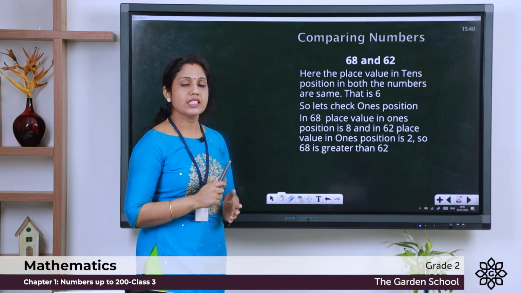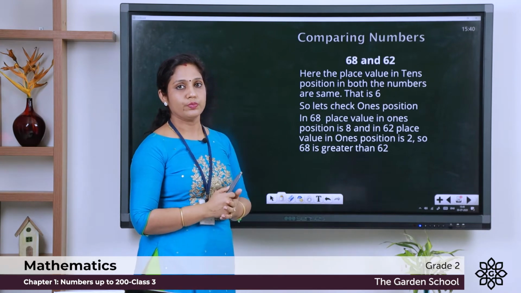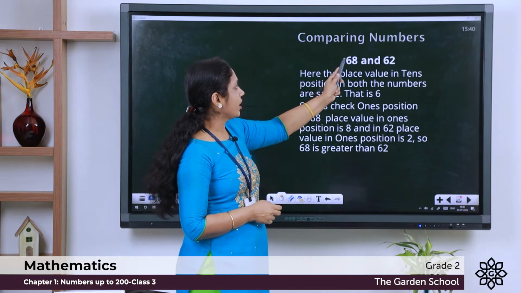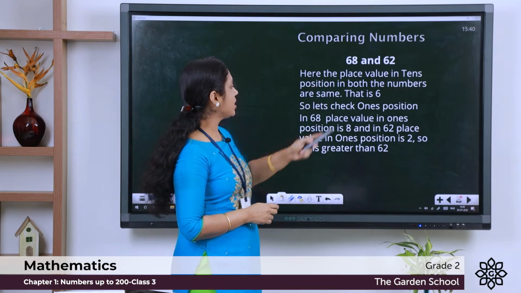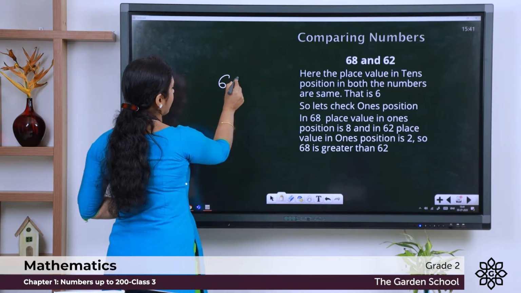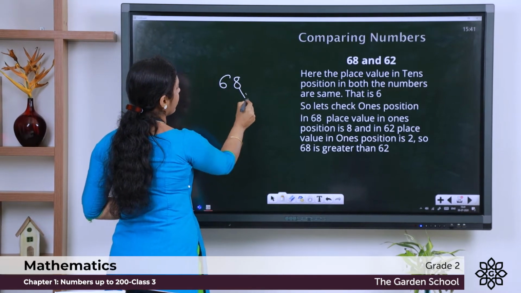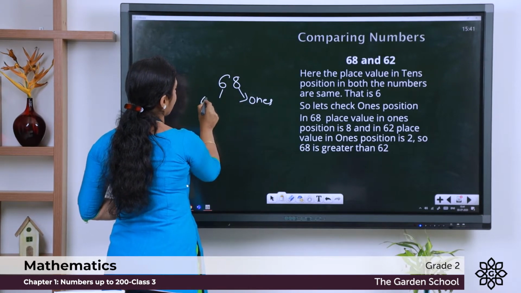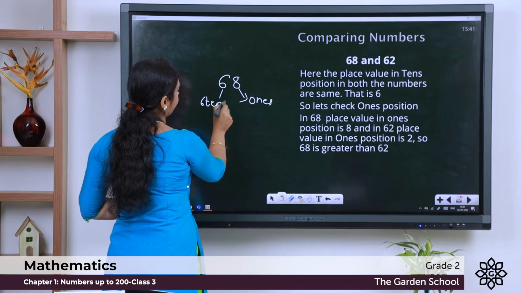Here we have 68 and 62. Both are 2-digit numbers. Let's check the place value. In 68, it is 8 ones and 6 tens.